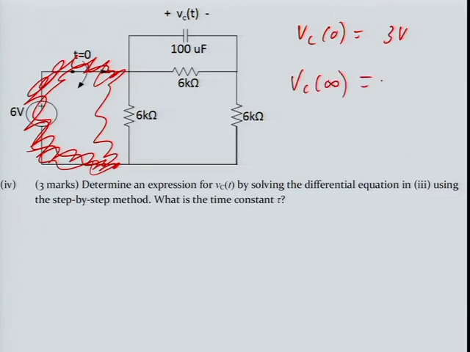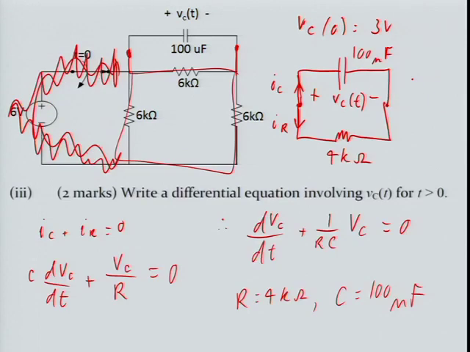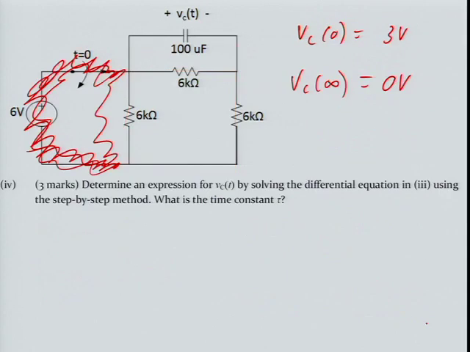Now I want to find what VC(t) is. I start at 3 volts. What do I finish up at infinity? 0. How fast do I get there? It's controlled by the time constant, which is the equivalent resistance times C. It's R times C, where R's 4 k ohms and C's 100 microfarads.